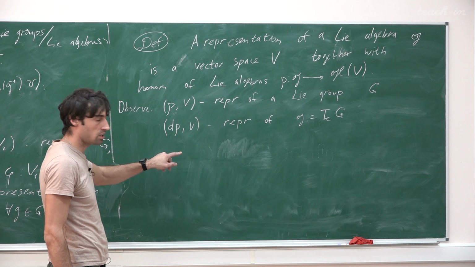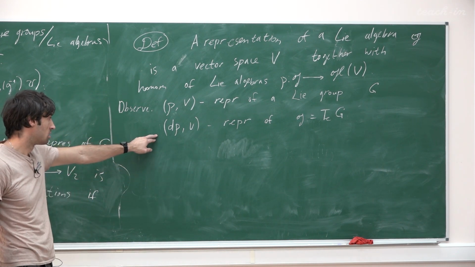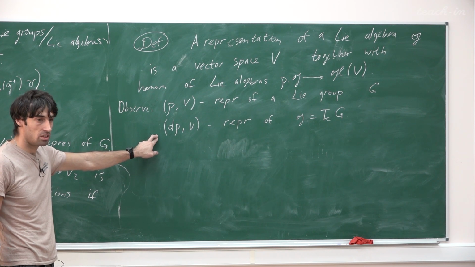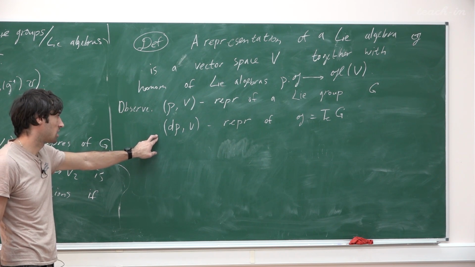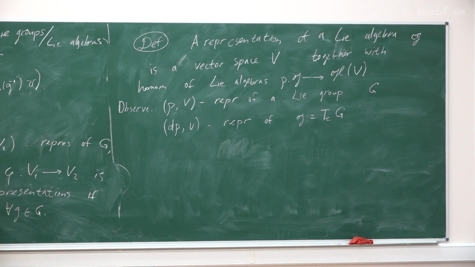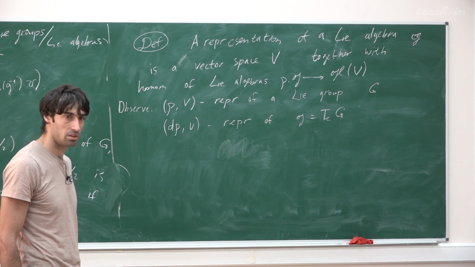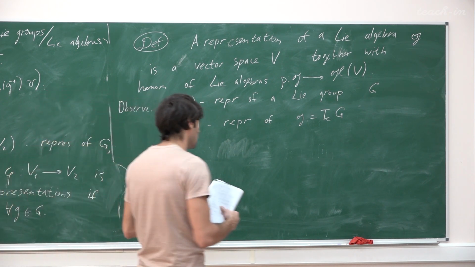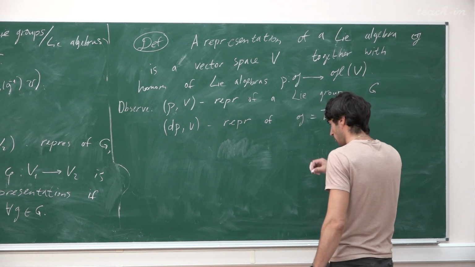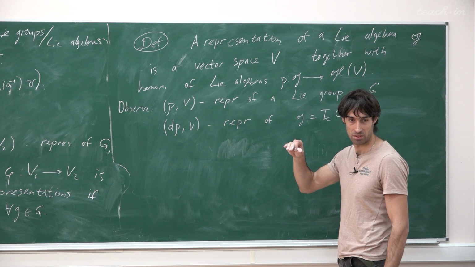Moreover, every finite dimensional representation of a Lie algebra is actually a representation of some Lie group, as we learned, of some simply connected Lie group. This is just because of the second homomorphism theorem.